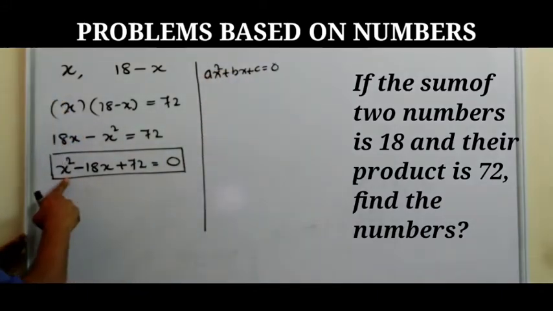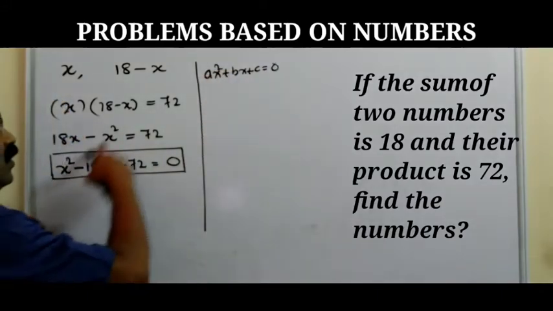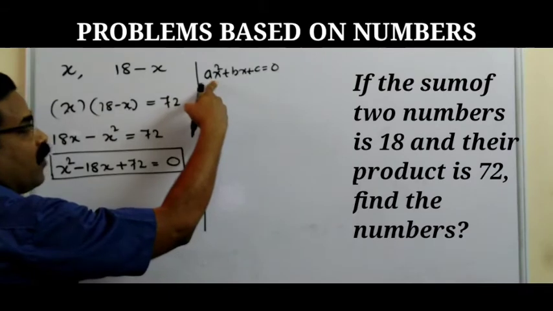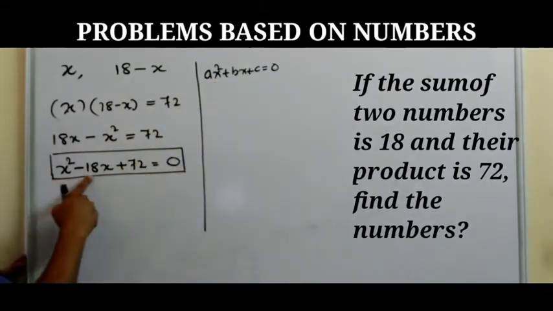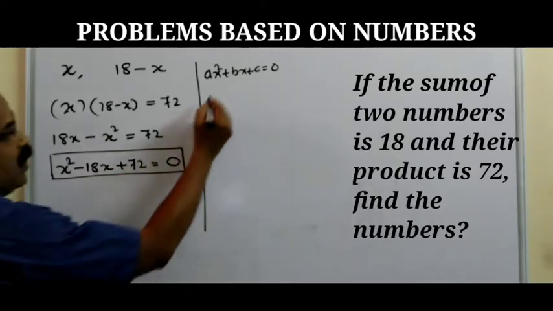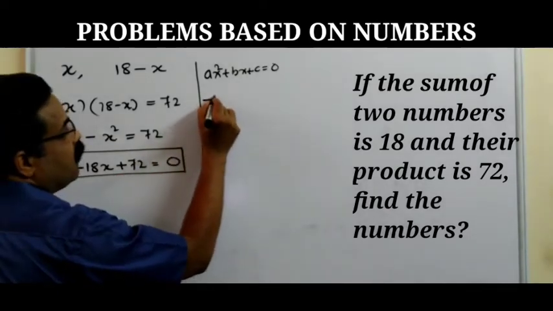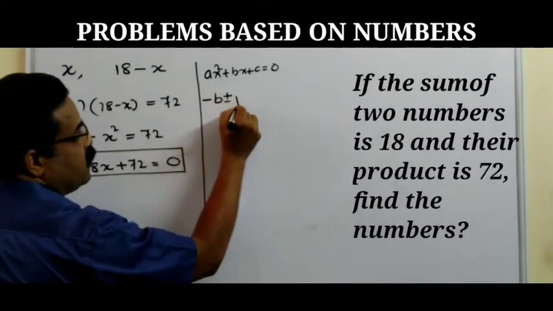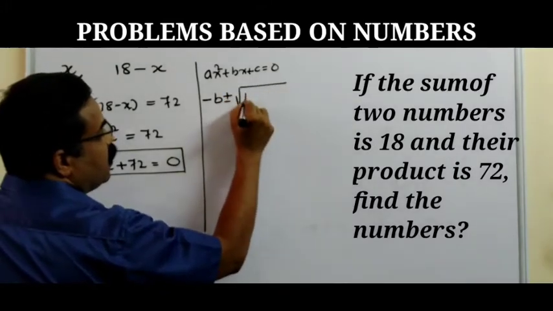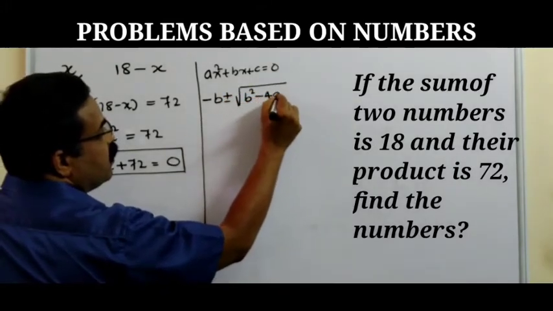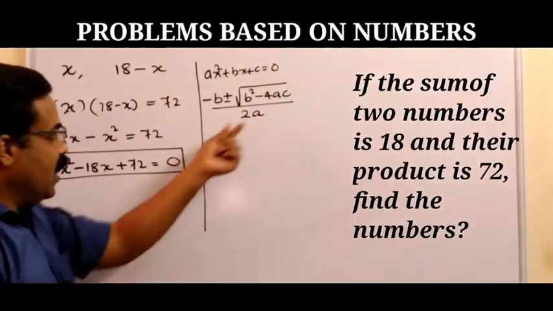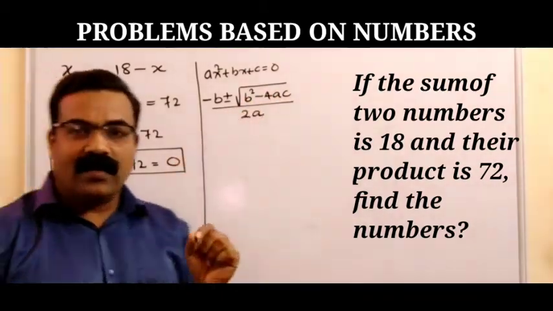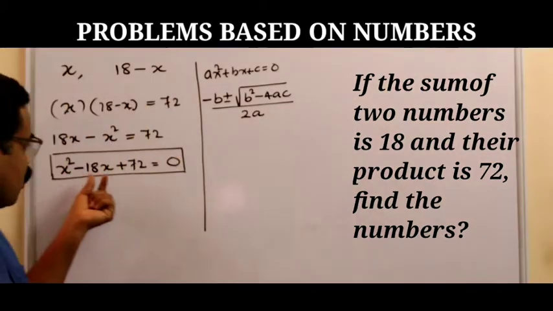This equation can be compared with the general form of a quadratic equation, ax square plus bx plus c equal to 0. Then the quadratic formula is x equals minus b plus or minus root of b square minus 4ac, all divided by 2a. a, b and c are the values of the coefficients or constants.